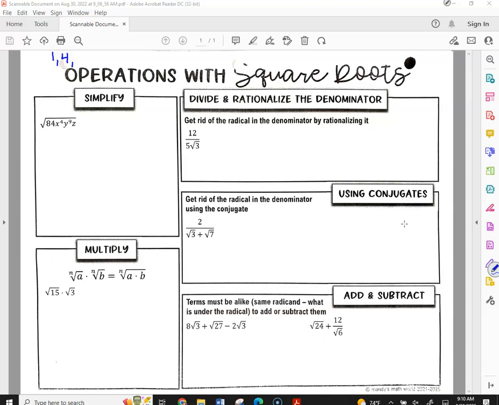Go all the way up to 15 times 15. Okay, you should have the first 15 perfect squares.